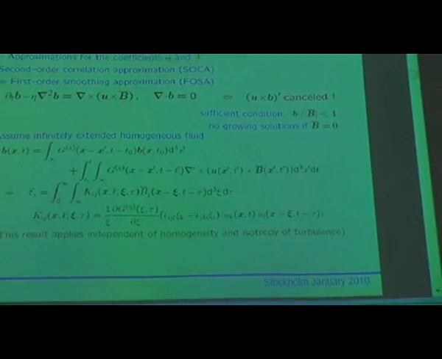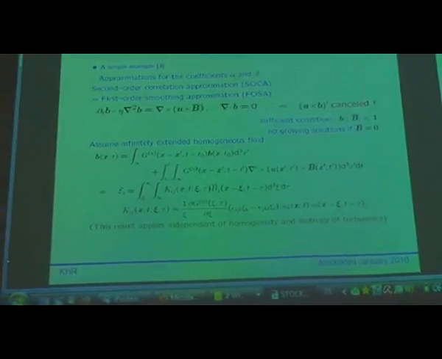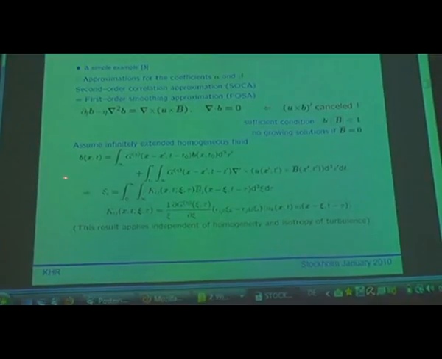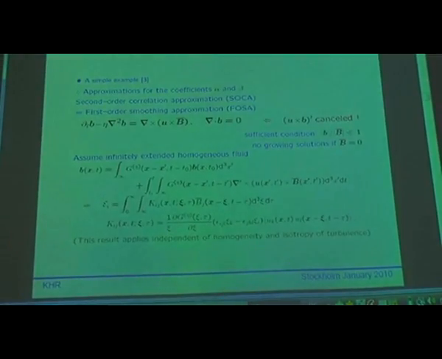We know some properties of alpha and beta, but we would like to know how alpha and beta depend in detail on the velocity field. It means we should calculate alpha and beta.